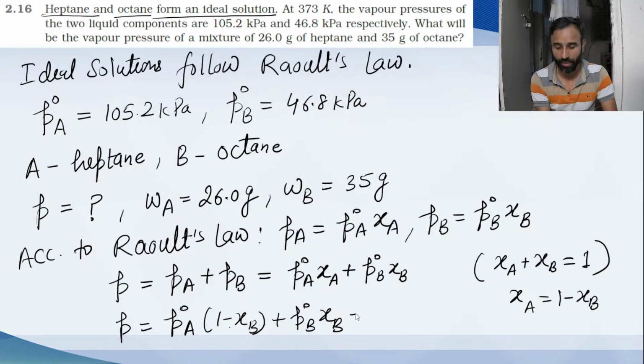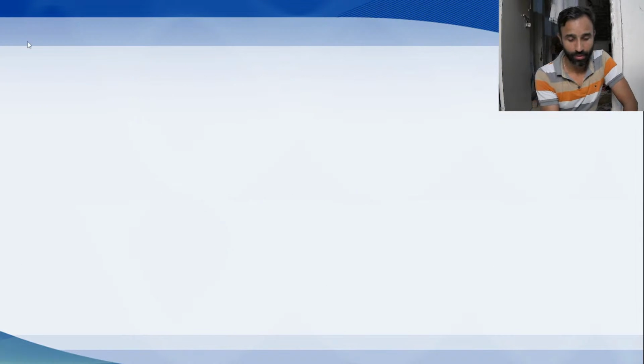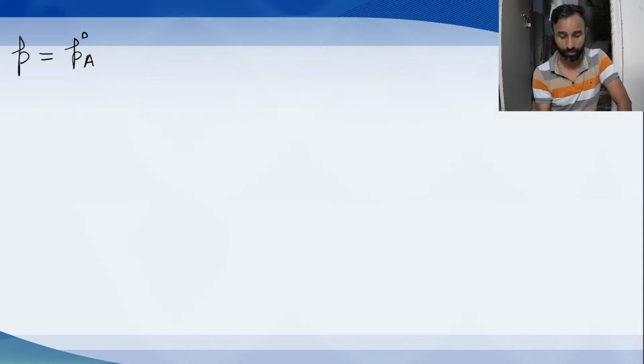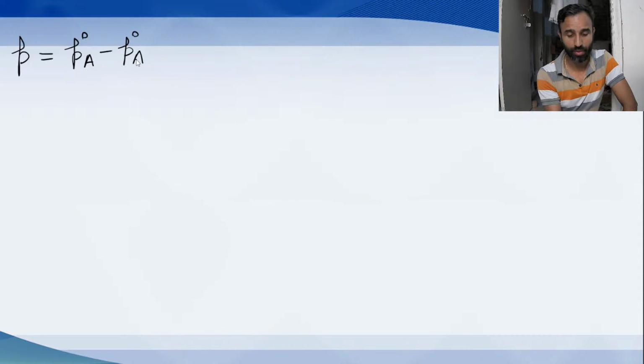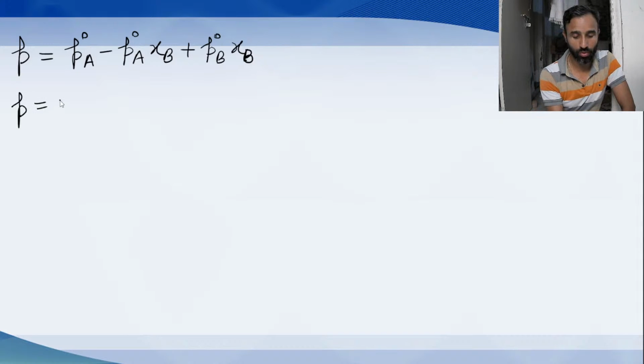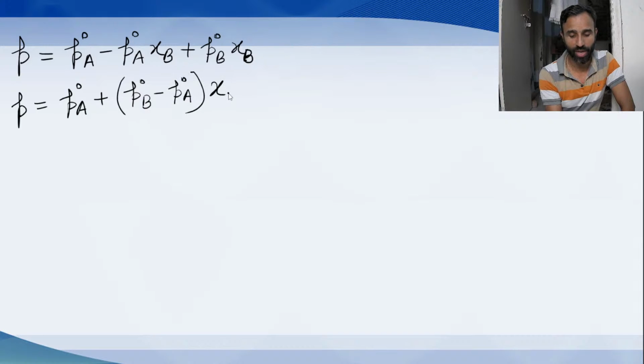So in this way P equal to P naught A minus P naught A XB plus P naught B XB. So P is equal to P naught A plus (P naught B minus P naught A) into XB.